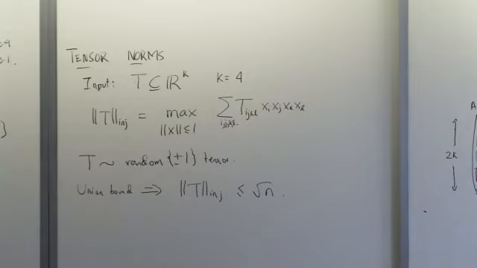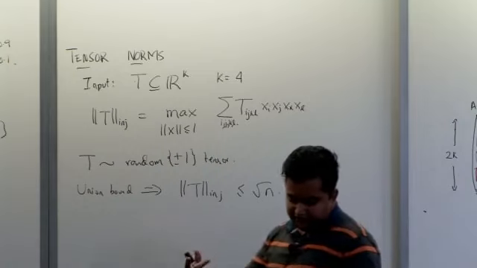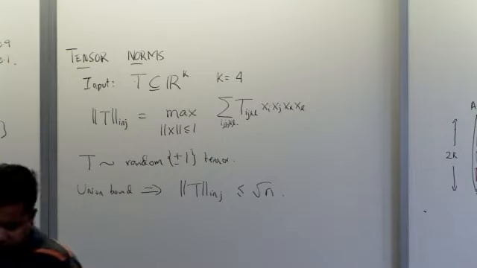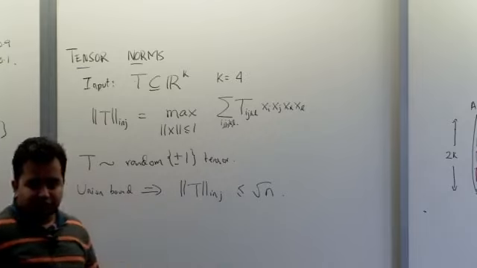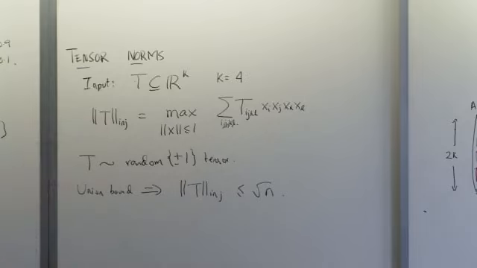It's always correct on every instance, meaning on every tensor it should be a valid upper bound on the injective tensor norm, and on a reasonable fraction of random instances you want it to give you a good value.